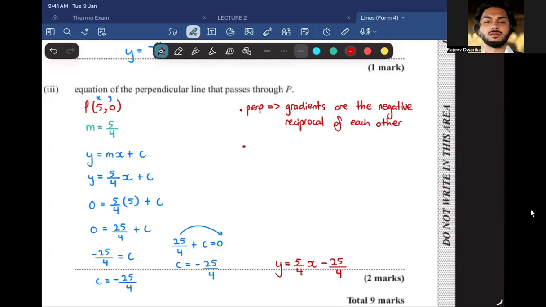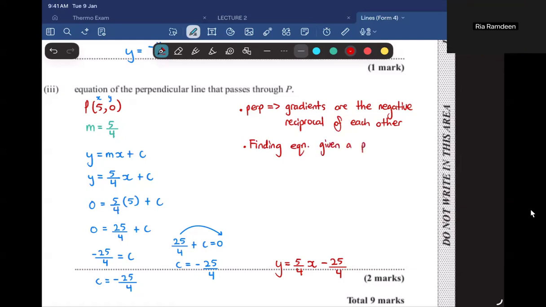Another thing, if you want to find the equation given a point and gradient, this is what you're going to do. Remind me, Maria, if you have the gradient and you have a point, what is the next step to find the equation of the line?